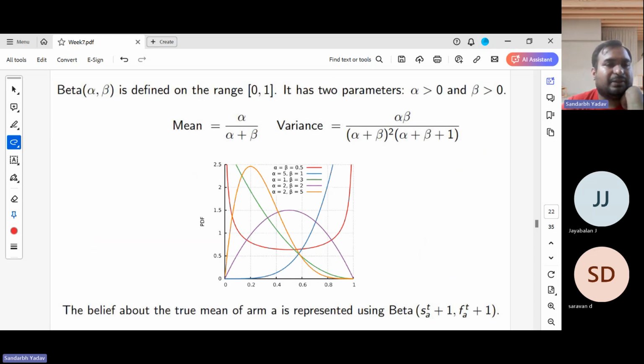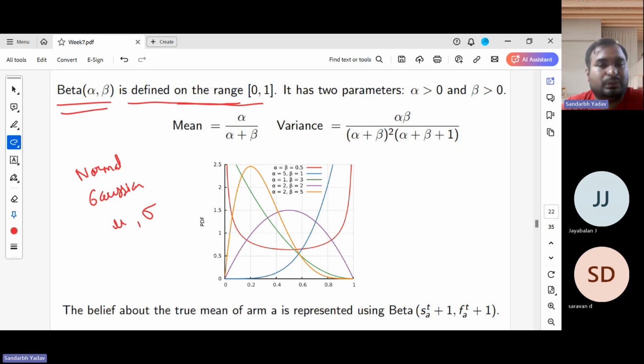You must have heard of the normal distribution, also called the Gaussian distribution. It is parameterized by two parameters, mu and sigma. Mu is the mean and sigma is the standard deviation, right? Similar to the normal distribution, the beta distribution also has two parameters, alpha and beta. But the difference from the Gaussian distribution is that it is defined in the range of 0 to 1.